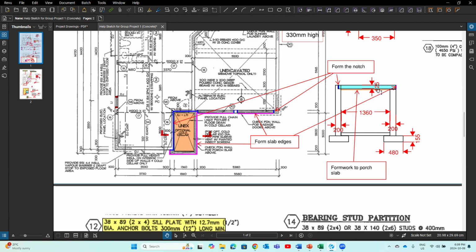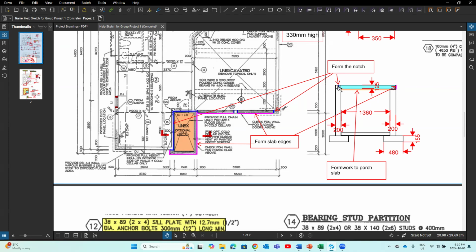So we put a piece of foam underneath. That's a formwork for porch slab. And we don't need a formwork again for here because we already have a wall, right? But we need a piece of formwork here when we pour the concrete slab. And we need this piece of foam when we build the foundation wall.